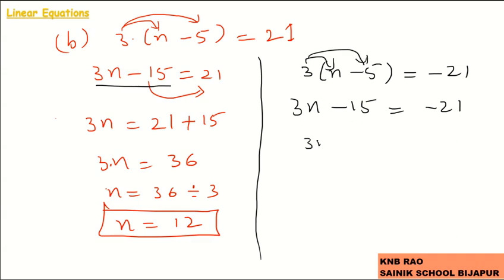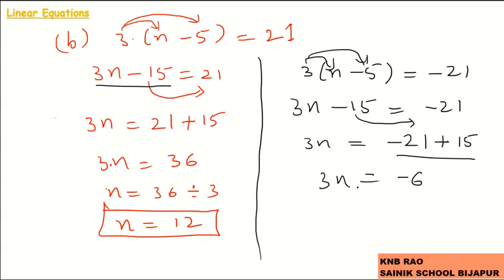Now 3n equals minus 21 as it is, and transposing this subtrahend it becomes addend here. Now what is the simplification of minus 21 and plus 15? It is minus 6. So 3n equals minus 6, therefore n equals minus 6 divided by 3, because 3 multiplying, if it comes this side, does division.